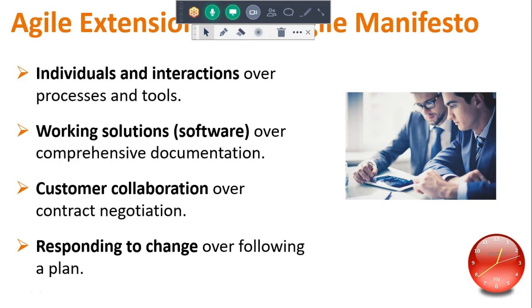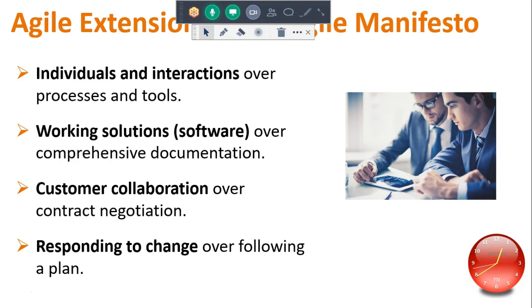And again, the thing to understand about the manifesto, which is where it's run into problems with a lot of people, is that people have taken these as absolute statements, and that's not the purpose. The manifesto says very clearly that it's not that we discount the processes and tools and documentation and contract negotiation and following a plan.